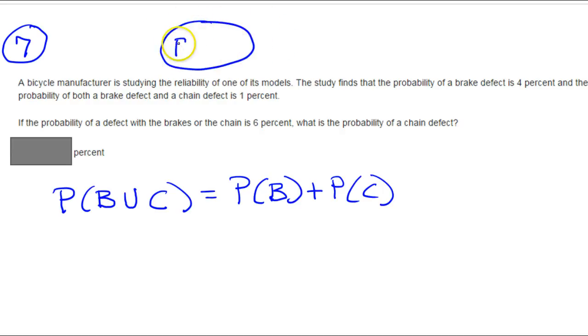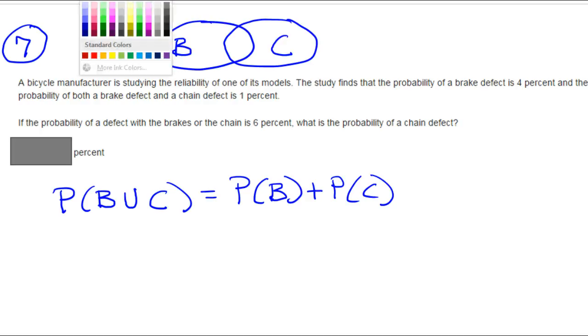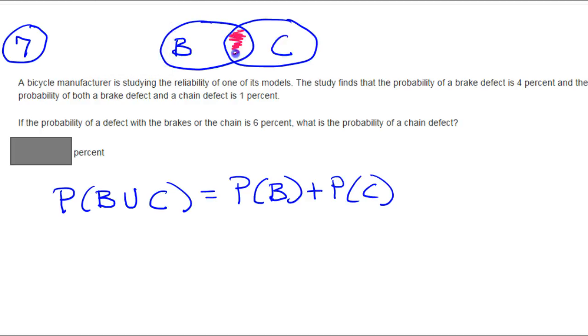You've got your brake failure and kabam, you've got your chain failure, but oh look, we got some overlap in here. When there's overlap between the two, you have to subtract the overlap because you're counting it twice. When I did the probability of B and then the probability of C, both of those include the overlap, so I'm counting the overlapping area twice. So I need to subtract the overlapping area once to get rid of the extra.